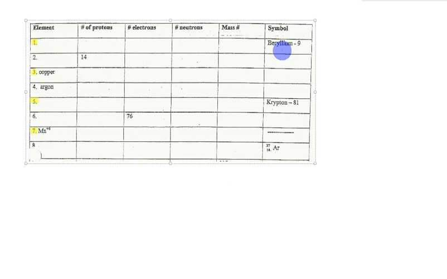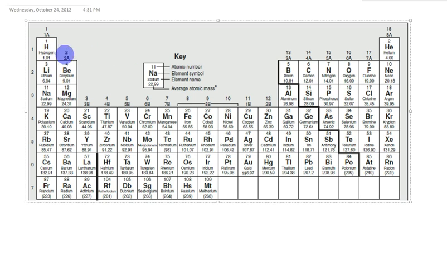In the first problem, they give us beryllium-9. We know that this element is beryllium because it's in the name. We need to know the number of protons. On a periodic table, this number at the top right is the atomic number, which is equal to the number of protons in the nucleus.